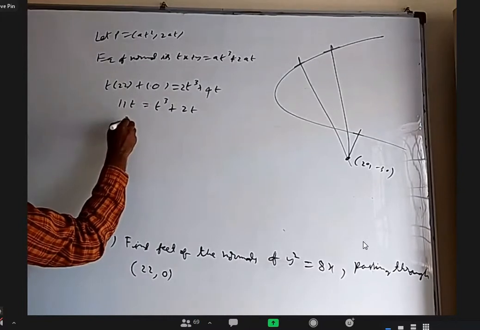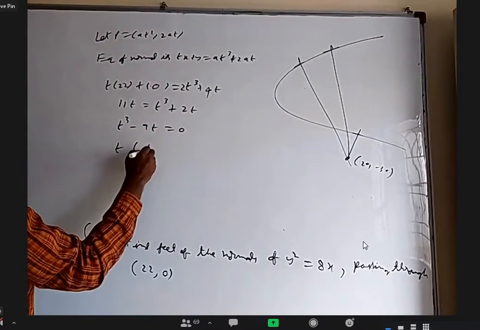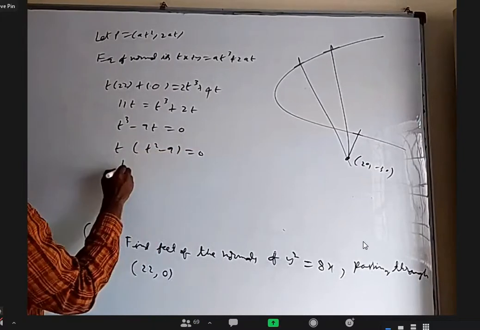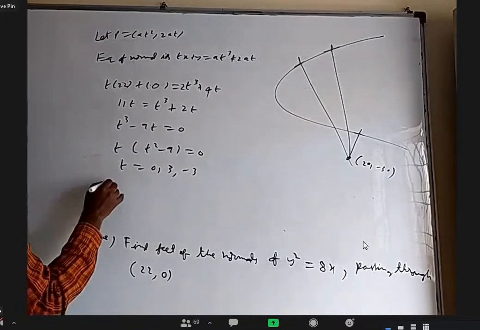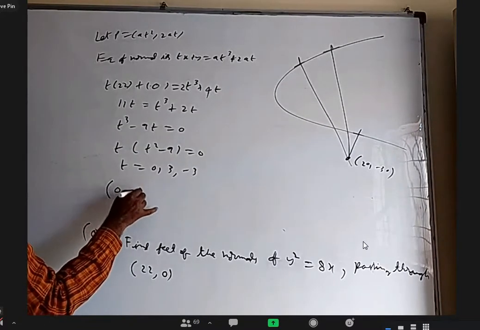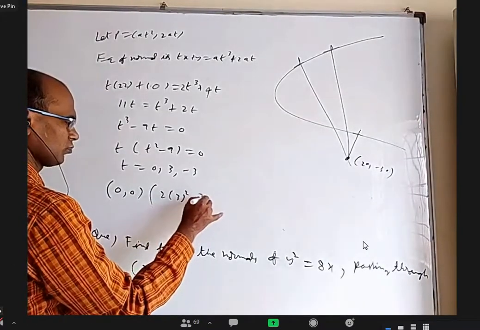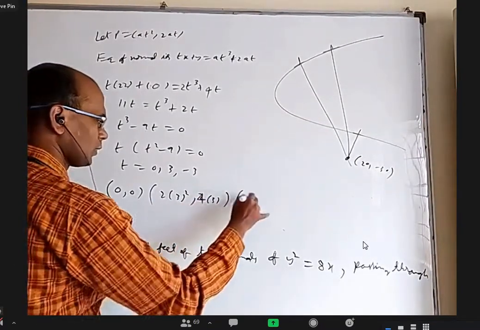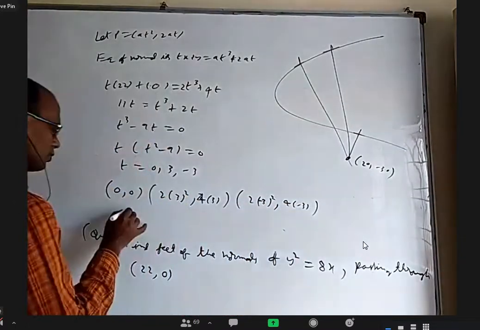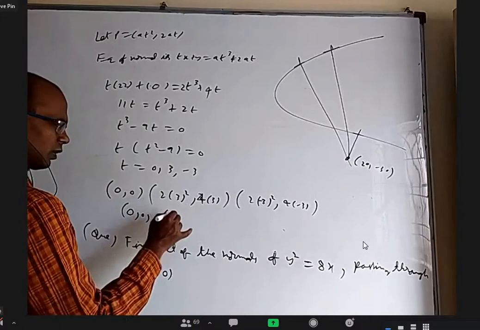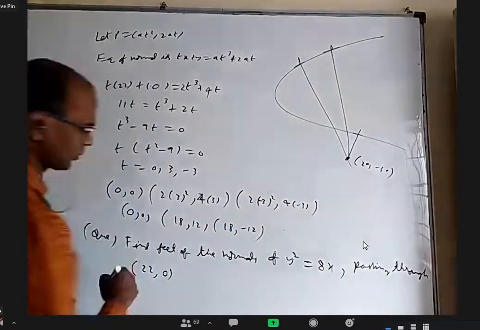That is t cube minus 9t equal to 0. t into (t square minus 9) equal to 0. t equal to 0, 3 and minus 3 are the roots. The corresponding points are (0, 0), (2 into 3 whole square, 4 into 3), and (2 into minus 3 whole square, 4 into minus 3). So (0, 0), (18, 12) and (18, -12).